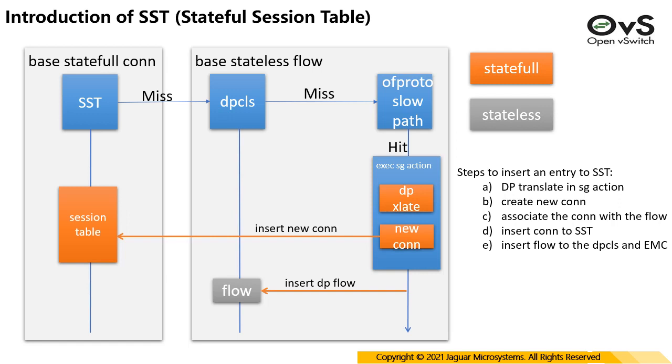If the action is pass, a new connection will be created and associated with the datapath flow, which contains the action info. And then the connection will be inserted into the SST cache. The datapath flow will be inserted into the dpcls and EMC as usual.